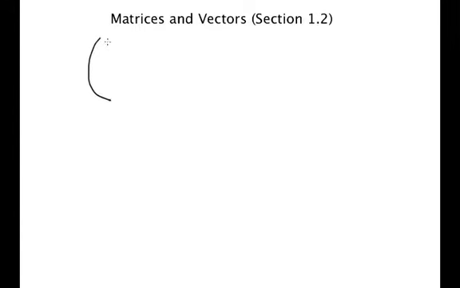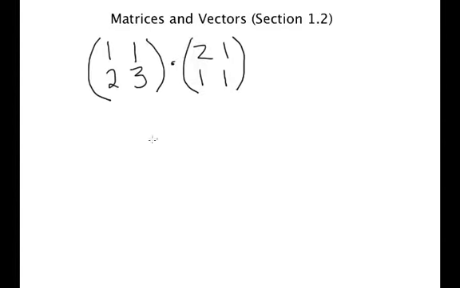Let's say we have a 2 by 2 matrix, 1, 1, 2, 3. And let's see how to multiply this by another 2 by 2 matrix, 2, 1, 1, 1. And let's write the answer down here. Now, this first matrix has 2 rows.